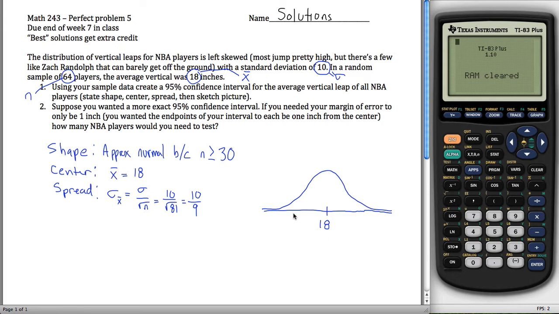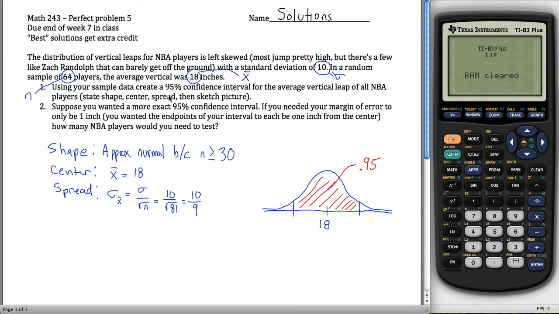And then what I want to do is figure out what values out here would make this area on the inside equal to 95%. I want to figure out how to make this 0.95 because we're making a 95% confidence interval.